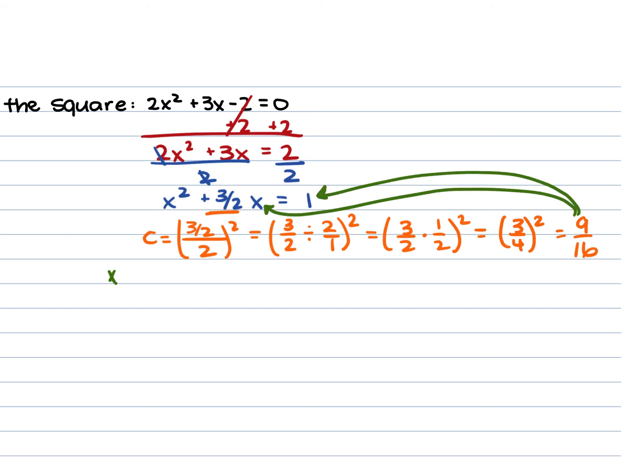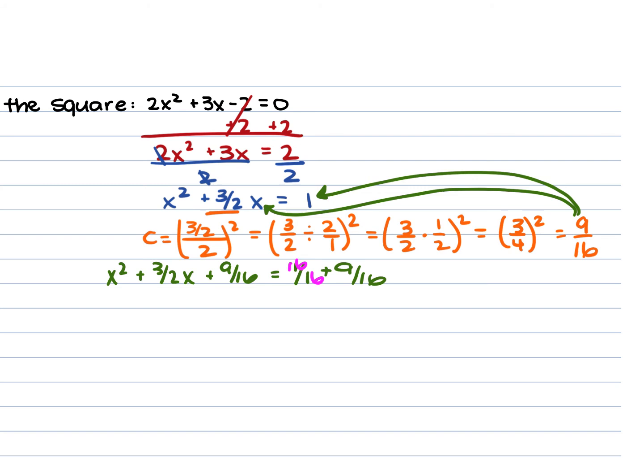So we're going to have x squared plus 3/2 x plus 9 over 16 is equal to 1 over 1, or 1, plus 9 over 16. In order for you to add those two fractions, it's going to have to be something over 16. So we're going to have 16 over 16.